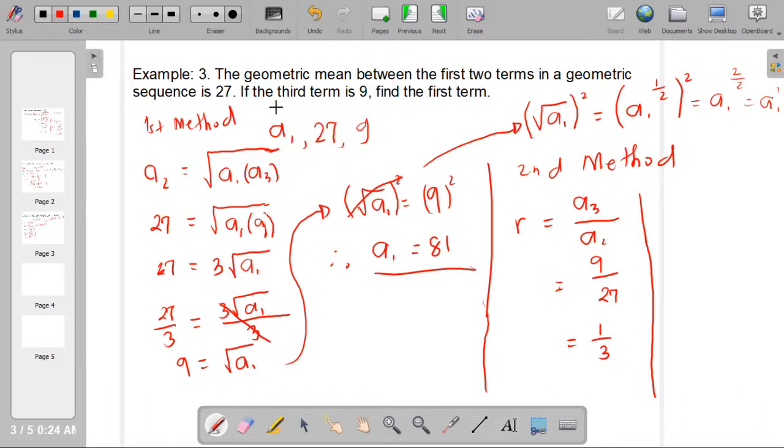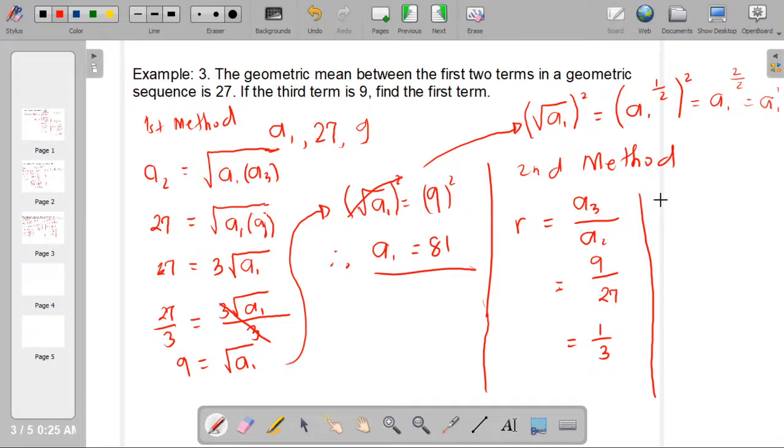Atong balihon kay ang atong pangitaon, ang preceding man, no? Kung ang pamaagi sa pagkuha sa next term is to multiply the common ratio, then ang pamaagi sa pagkuha sa preceding term is to divide, no? Mag-divide ka para makuha na nimo siya.